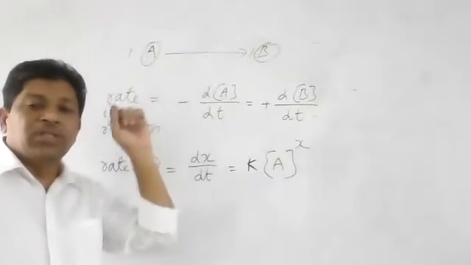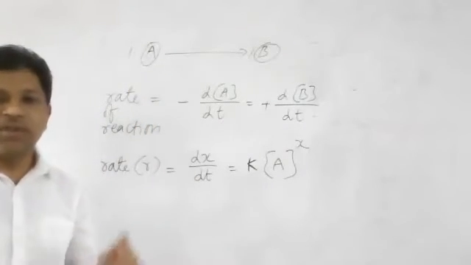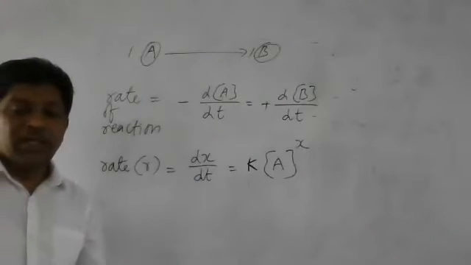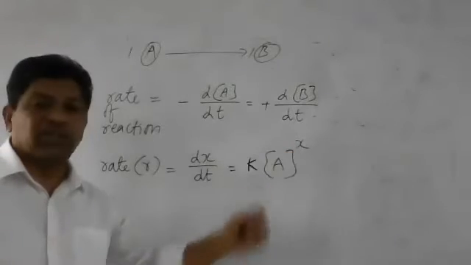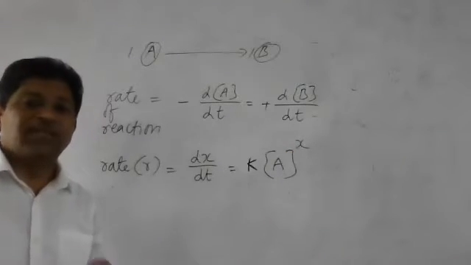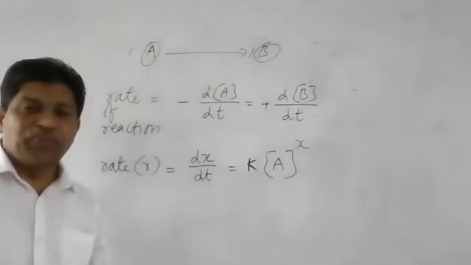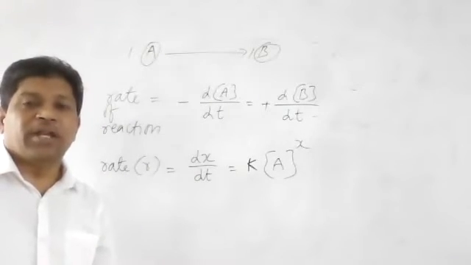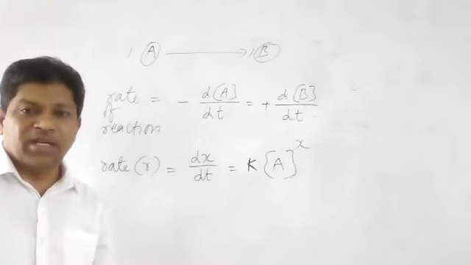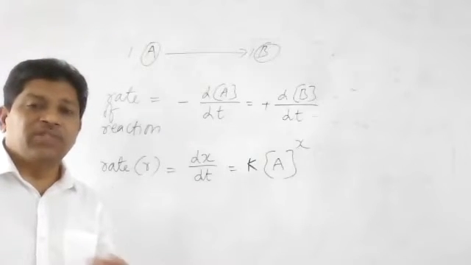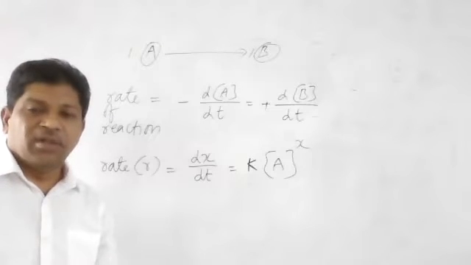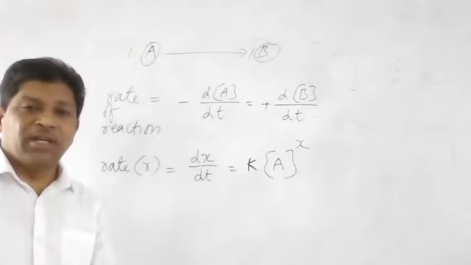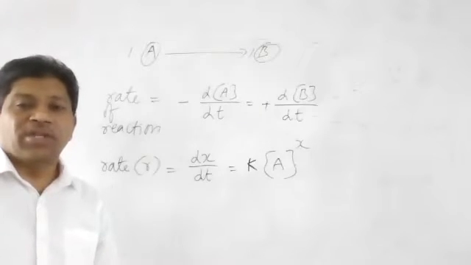So this 1 is the stoichiometric number of moles. In the given balanced equation, the stoichiometric number of moles of A is 1. But the active moles of A will be x moles. Active moles means the number of moles of A actively participating in determining the rate of reaction. Stoichiometric moles indicate the number of moles that appear in the given balanced equation.